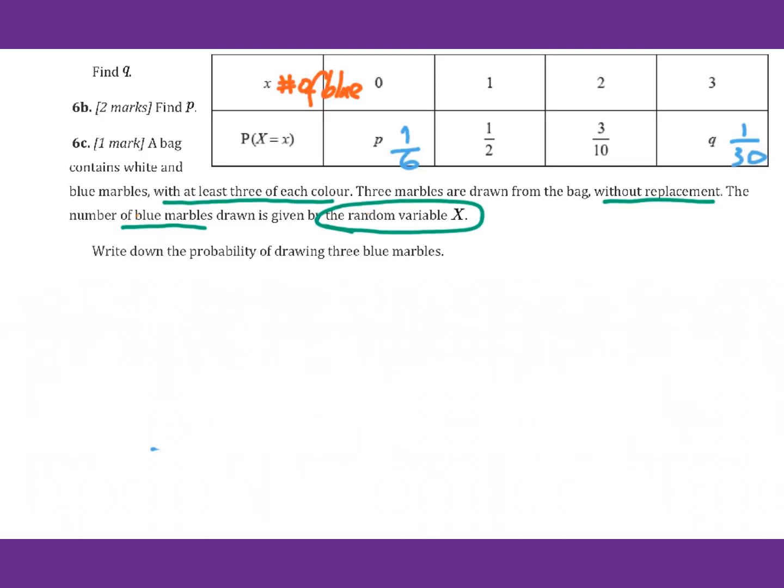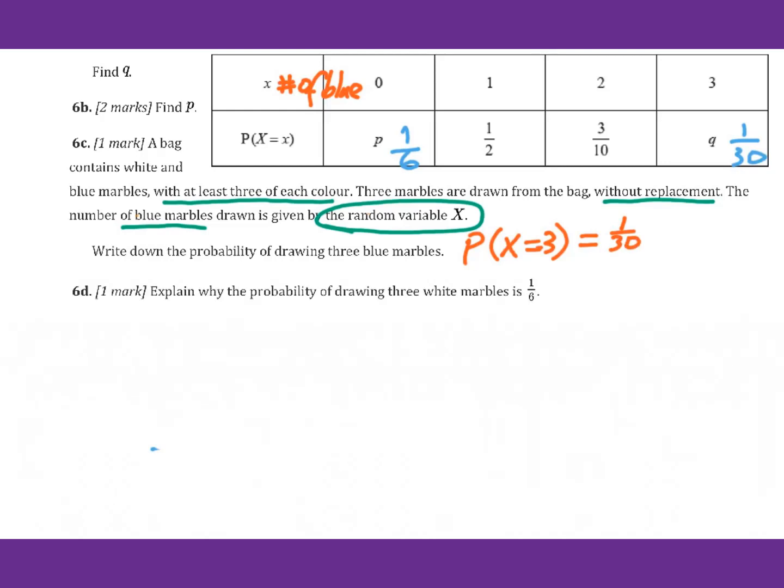Therefore, the probability when x equals 3 means the probability we draw 3 marbles. That equals 1/30.